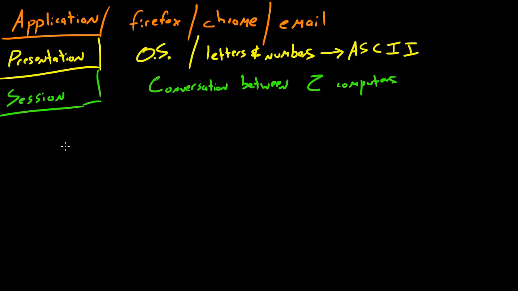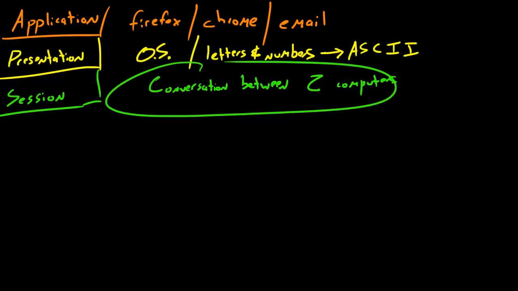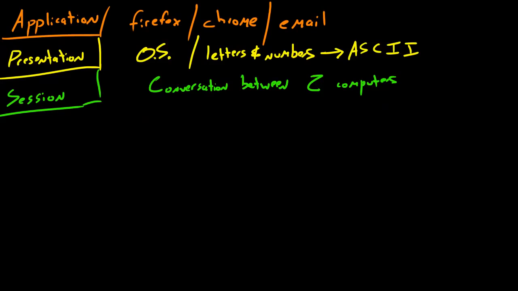And if something disrupted your communication, it would try to reestablish the link so you guys could still communicate. And whenever it was done, this is the layer right here that is responsible for ending the conversation. So a session is basically like a conversation or communication between two computers, and this right here is responsible for pretty much starting, ending, and maintaining that conversation.